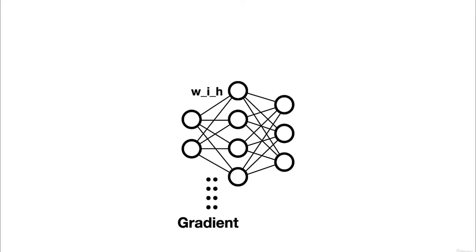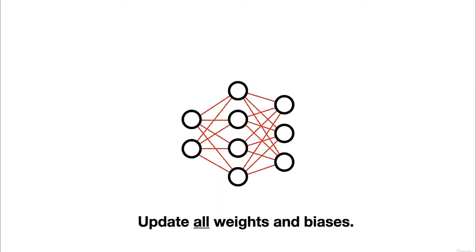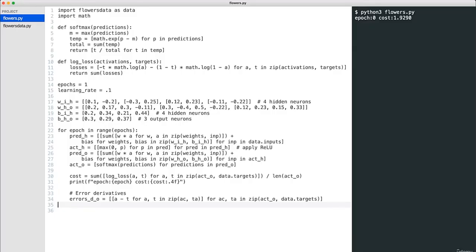We now have the error derivatives for 4 hidden neurons for each training sample. So let's calculate the error derivative in the code, then calculate the WIH gradient, and finish the backpropagation by updating the weights and biases. I start by transposing the WHO weights matrix.